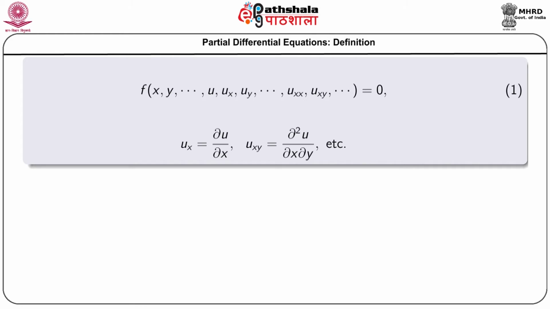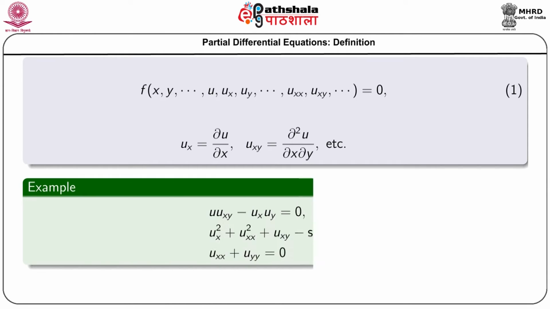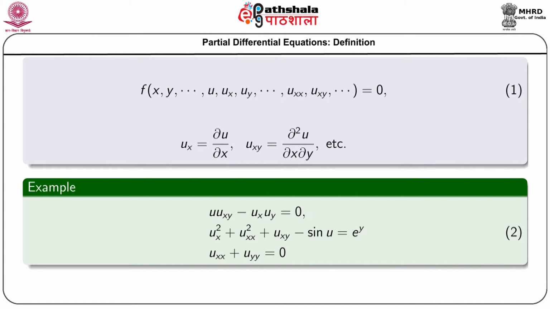Thus, the general form of a partial differential equation can be represented by equation number 1, where ux, uy are the partial derivatives with respect to x and y, and similarly we can define all other partial derivatives. Now, in equation number 2, we have shown some partial differential equations. These are examples of partial differential equations.